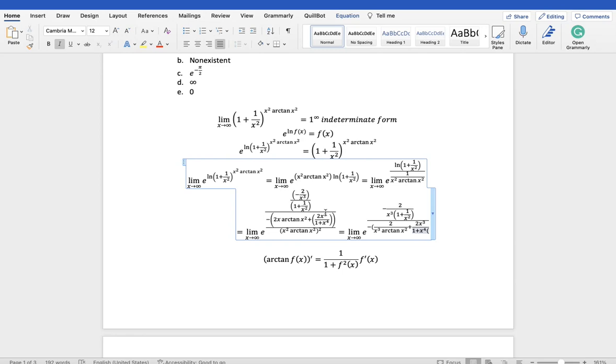That can be simplified with the x cubed that is next to the 2 here, so we can erase this x cubed, because we'll simplify it.